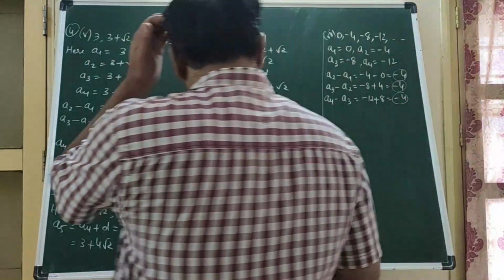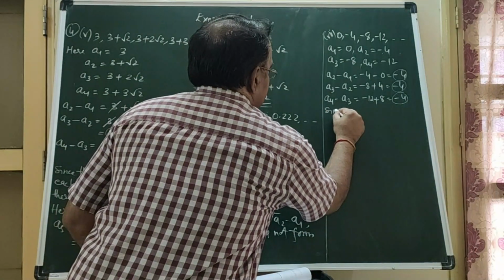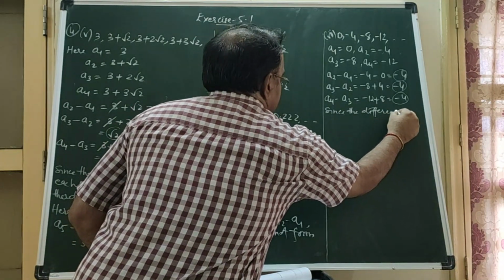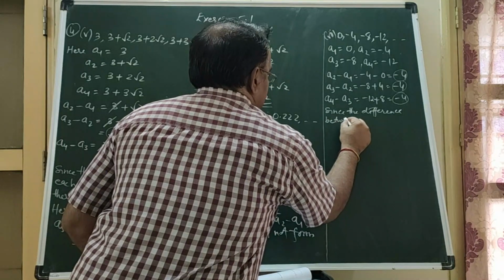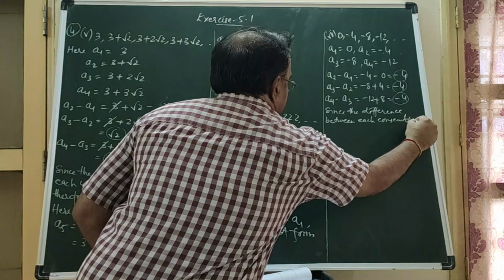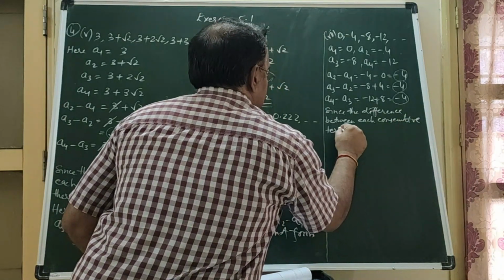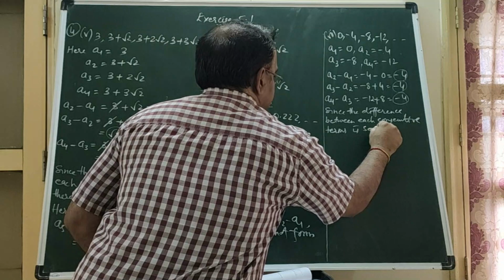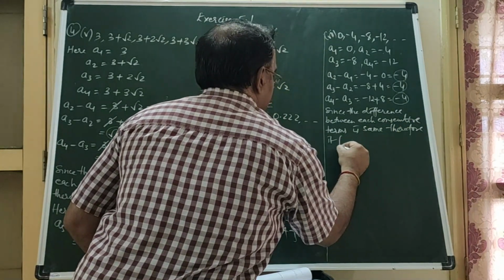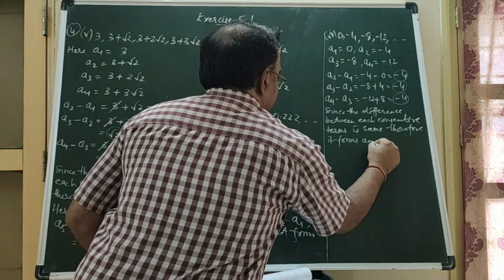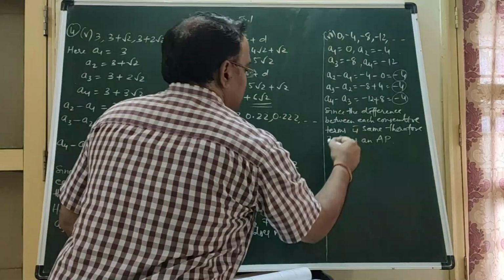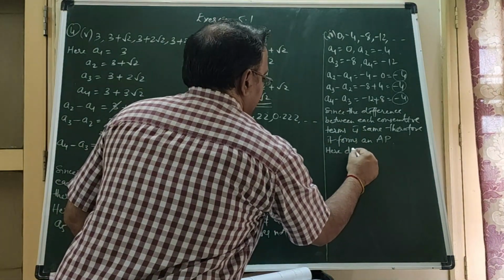So what we will write: since the difference between each consecutive term is the same, therefore it forms an AP. Right? So what is the common difference here? Minus 4.